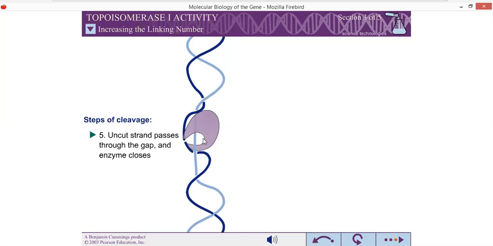As the topoisomerase changes its orientation, it passes through the other strand, altering its own conformation, and will again join the two DNA ends together.